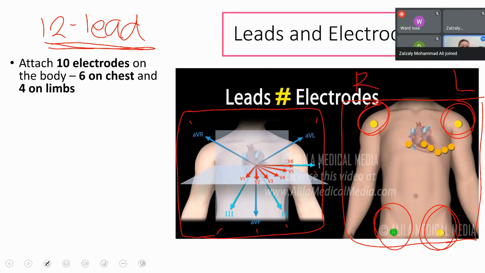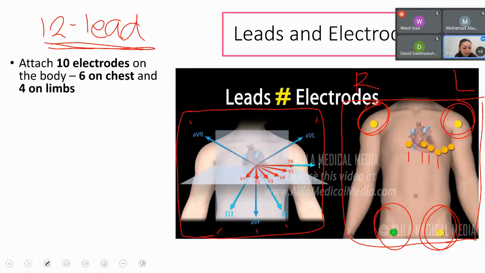And then the six chest electrodes are here. The first is called V1. V1 is on the fourth intercostal space, right parasternal border. V2 is on the fourth intercostal space, left parasternal border. And then this is V4, which we attach on the fifth intercostal space, midclavicular.